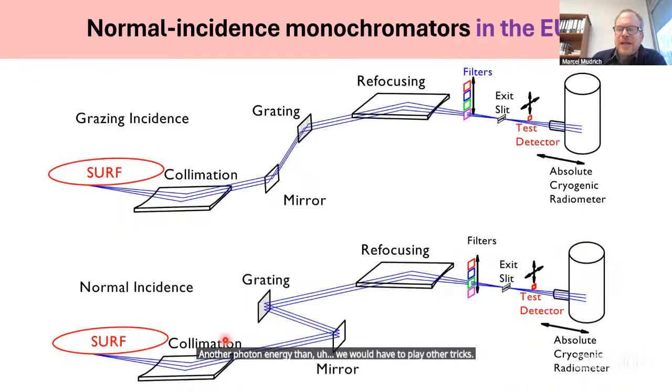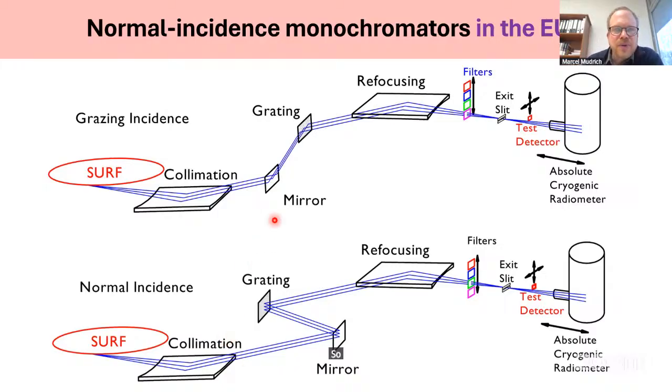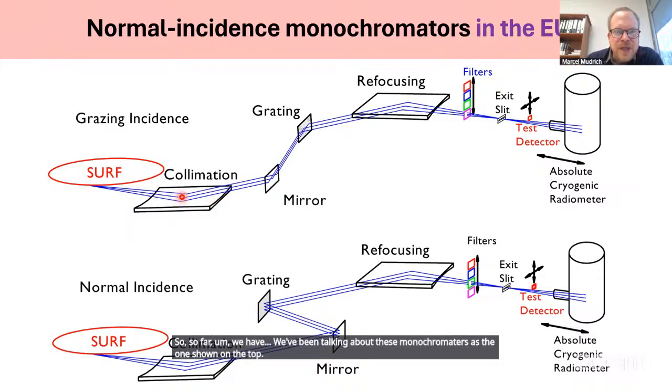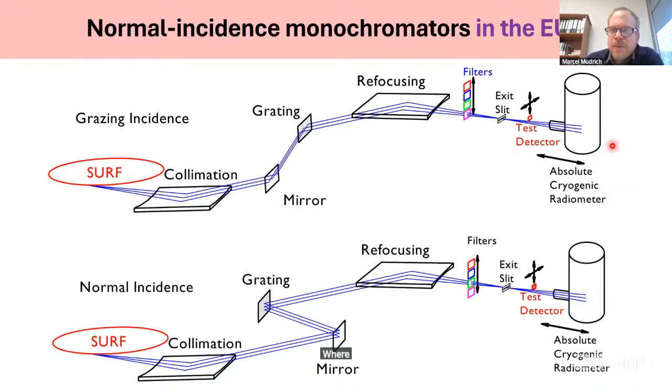One other trick that can be played is to build the whole monochromator in a different way. So far we have been talking about monochromators like the one shown on the top, where the beam comes from the left.